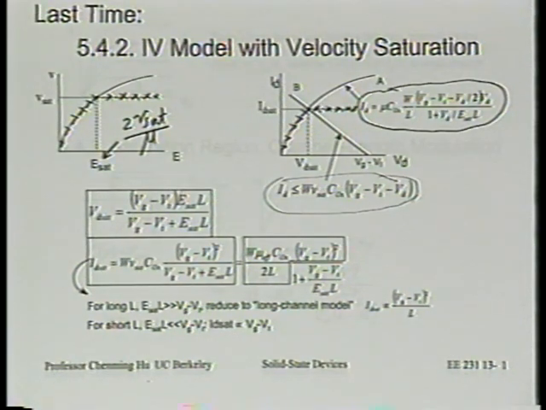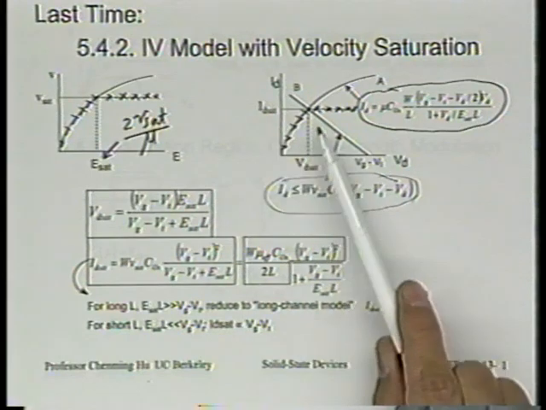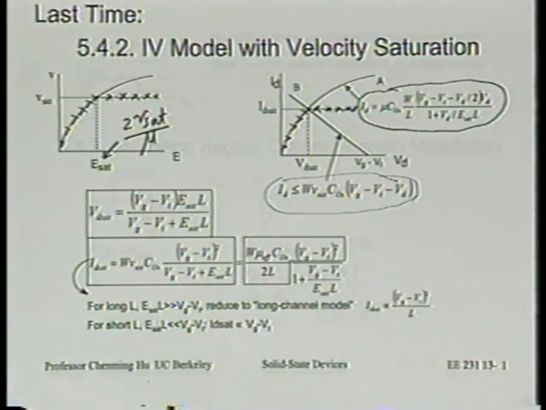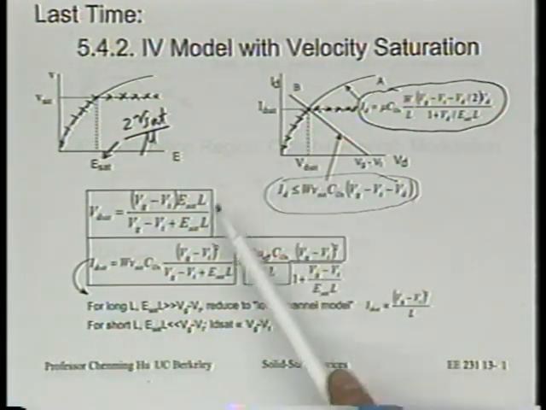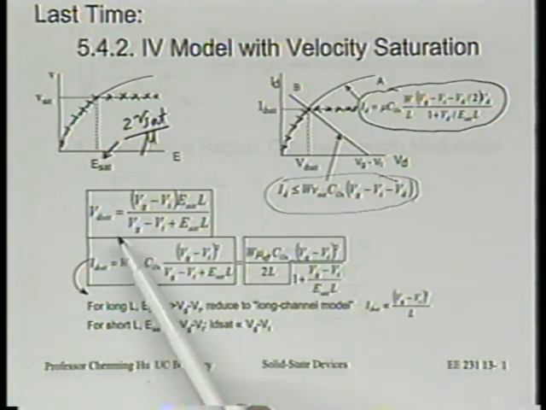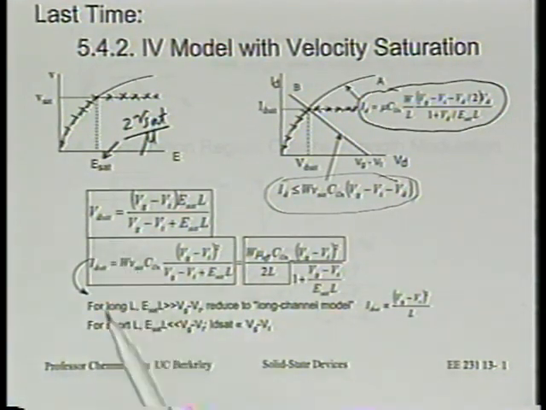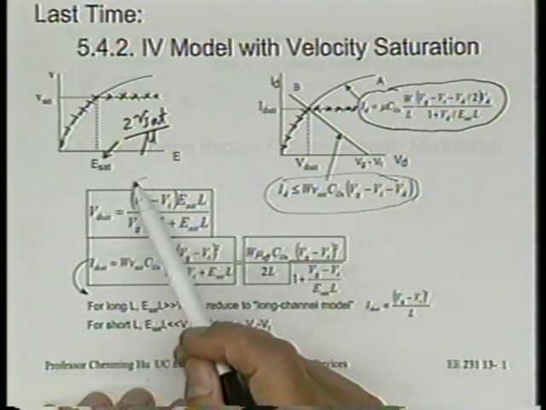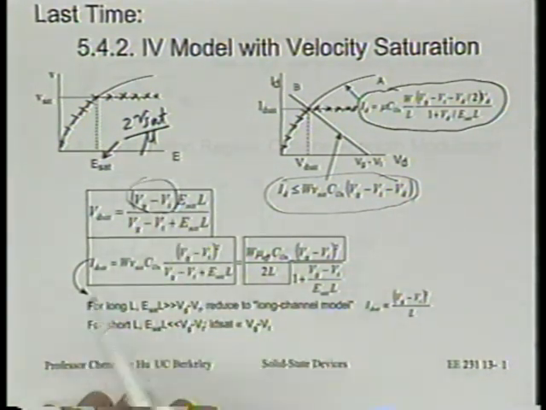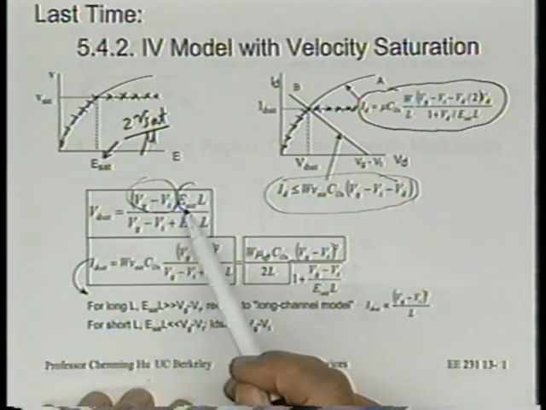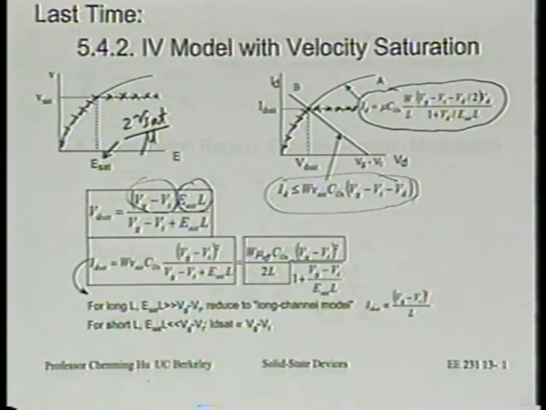Now, what's interesting is the equations for ID set and Vd set are not too difficult to remember, and I recommend you try to memorize them. Vd set is the average of 2 voltages. One is the classical Vd set, Vg minus Vt. The other is a voltage that's E set times L. You kind of expected L to be in here, and the only thing to make a voltage out of L is to multiply it by the saturation field, of course.